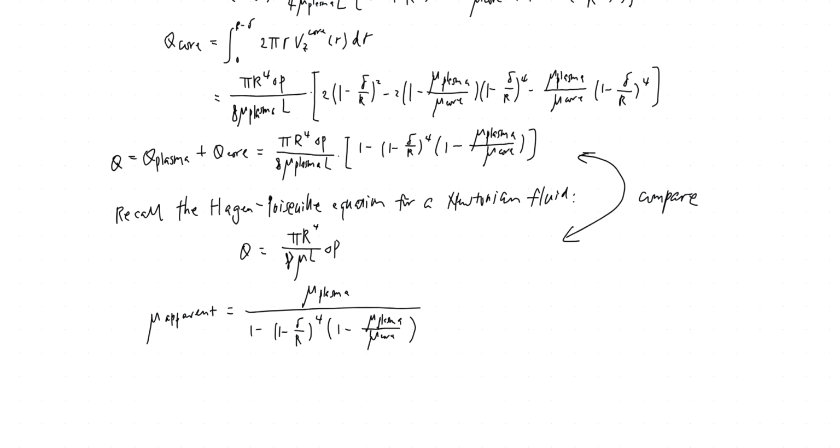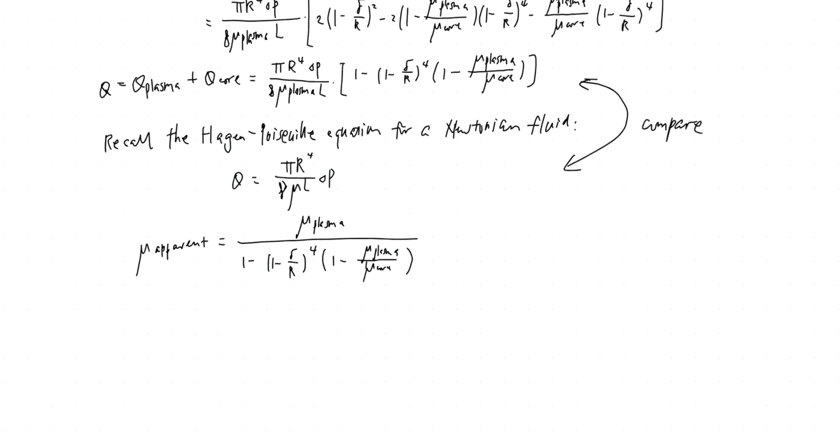So this is it. As you can see, we have some special limits. As delta divided by R goes to 0, that means the plasma layer shrinks to 0 and the entire region becomes the core region. You can look at this apparent viscosity: mu apparent approaches the core viscosity.